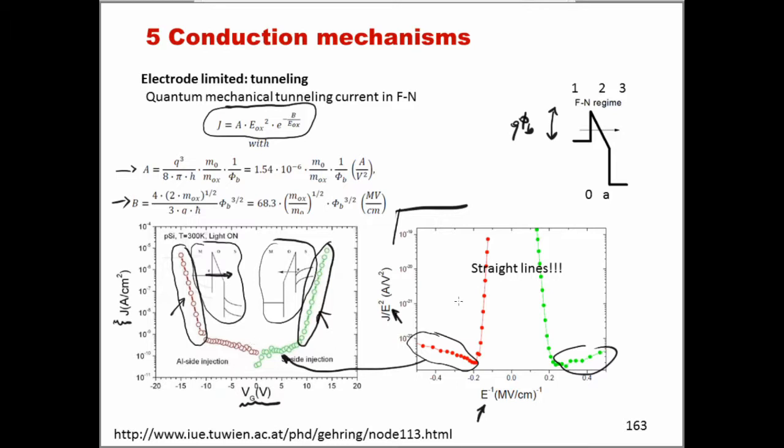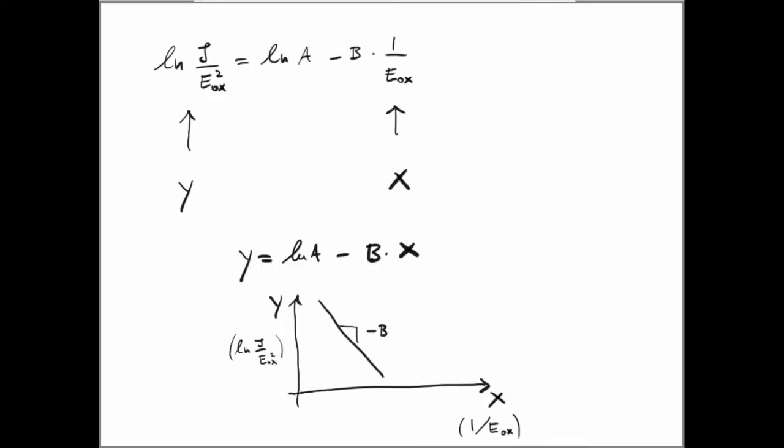Now, the reason why this plot allows us to highlight the presence of the Fowler-Nordheim mechanism is very simple, and comes from the analytical expression we found previously for the Fowler-Nordheim tunneling current.